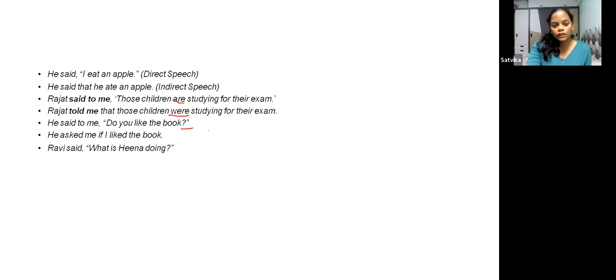Ravi said, "What is Hina doing?" Satvika? Ravi asked what Hina was doing. Okay, we can say that way also. Let's see. Ravi asked me what Hina was doing.